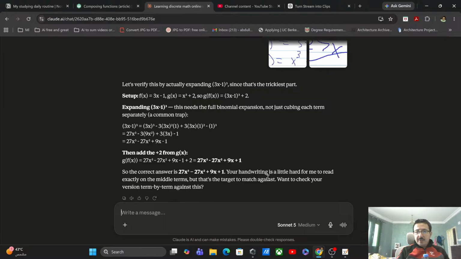Your handwriting is a little hard for me to read exactly on the middle terms, but that's the target to match against, and to check your version term by term against this. Now I got it right.